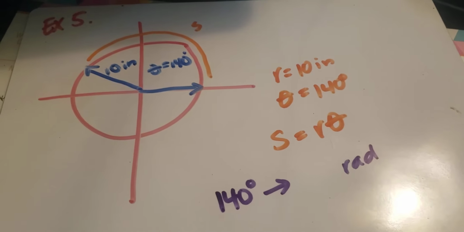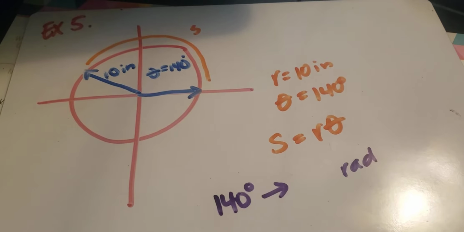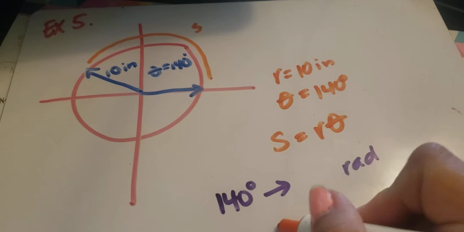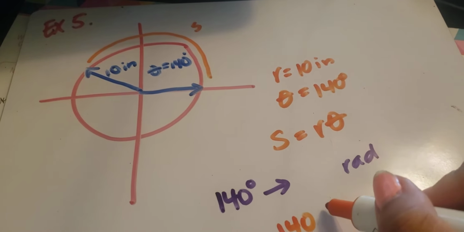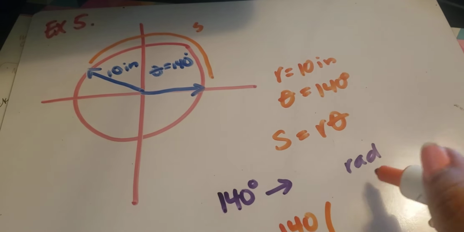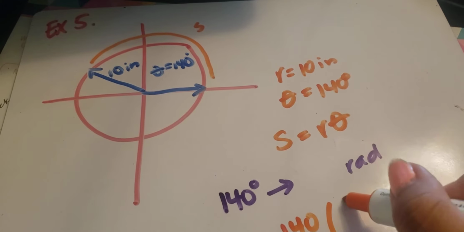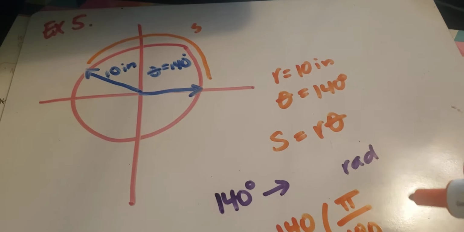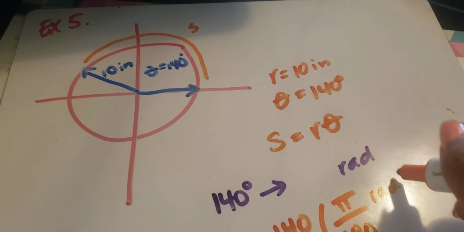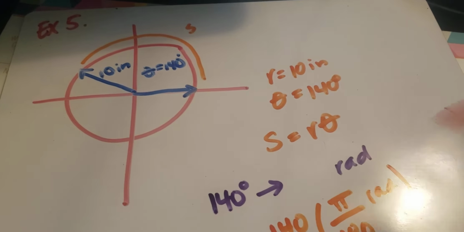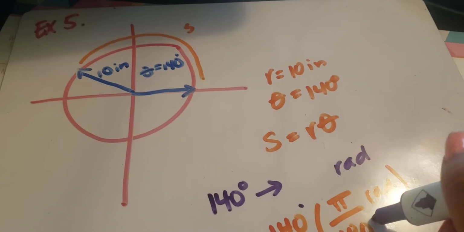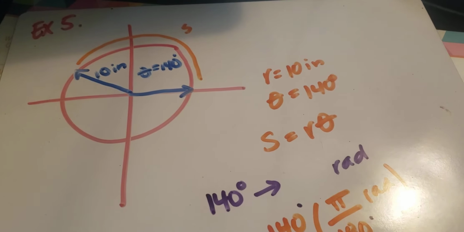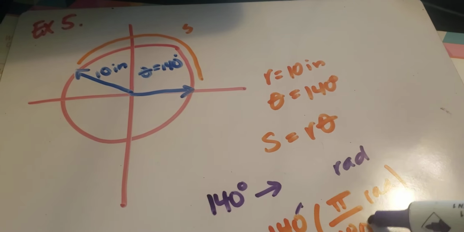On day 1, I taught you how to do that, so I'm going to do that right underneath. We take 140 degrees, and in order to rewrite it in radians, I need to multiply it by pi over 180 rad. Remember, 140 is in degrees and 180 is in degrees, so the degrees portion cancels out.